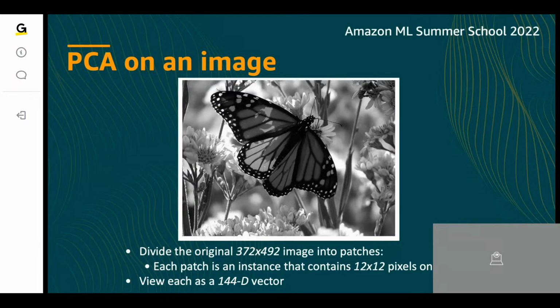That's the original image. The operation that we are carrying out is dividing this overall image into a grid of 12 by 12 pixels. So any portion of the image gets divided into a 12 by 12 box, and then you think about that 12 by 12 box as a 144 dimensional vector.